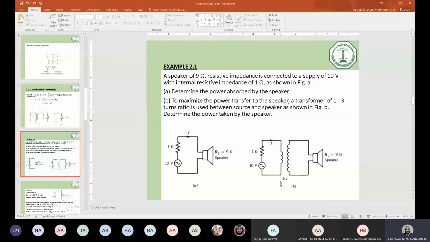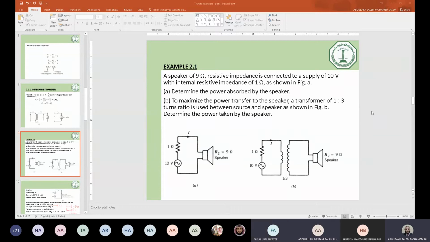Calculate the same power absorbed by the speaker. So what can we do now? We find the current after the transformer, I2. How can we find the current after the transformer? By the relation of a, 1/3. You know N1 and N2. Is I2 or I1 given?